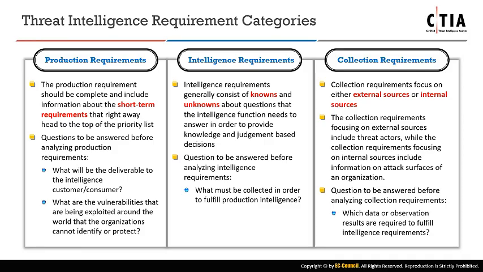And so what we want to do is find out what we have good knowledge of, and then perhaps areas in which we are lacking, so that we can understand how to make decisions. Here's a question that needs to be answered before analyzing intelligence requirements. What must be collected in order to fulfill production intelligence? What type of data? Again, we need to make sure that we collect only the types of data that are relevant. And then we go to the collection requirements.